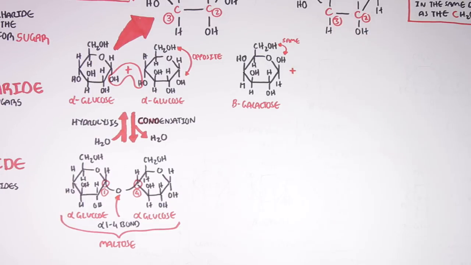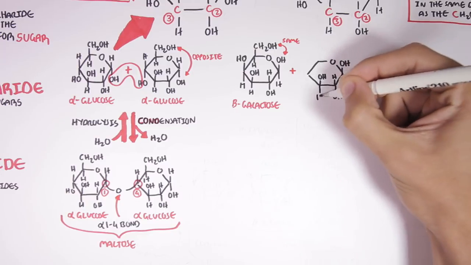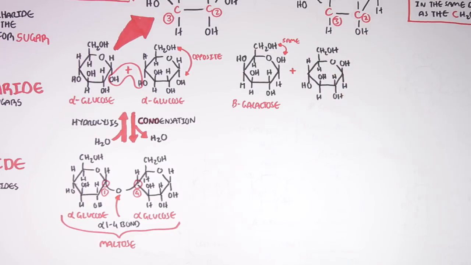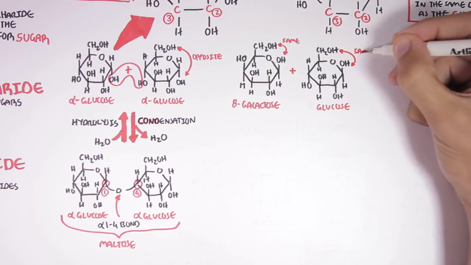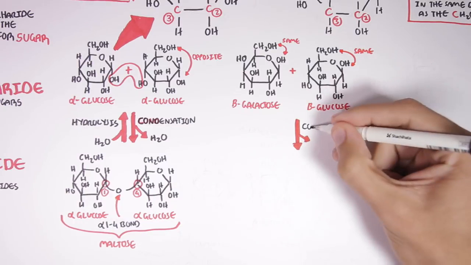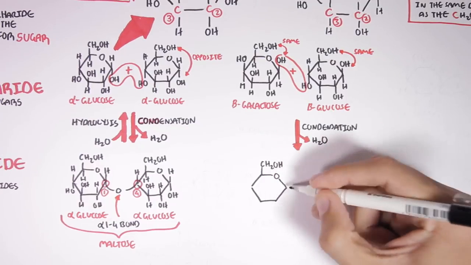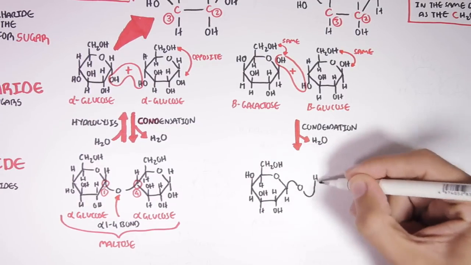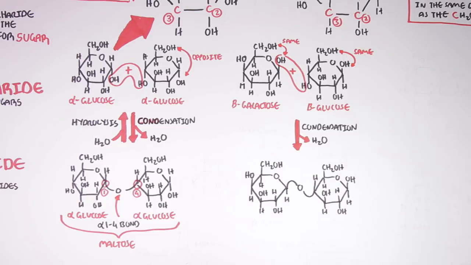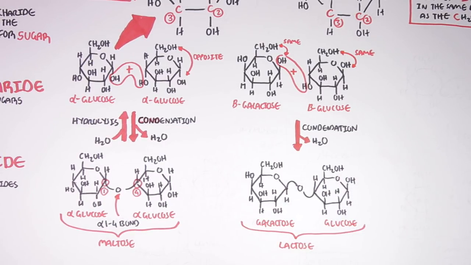Now this galactose molecule can link with a glucose molecule. So this particular glucose molecule is actually in a beta configuration because remember, the hydroxyl group here is pointing the same direction as carbon number 6. So this galactose molecule and the glucose molecule can form a link, and through the condensation process, it will form lactose. Lactose is made up of galactose and glucose.